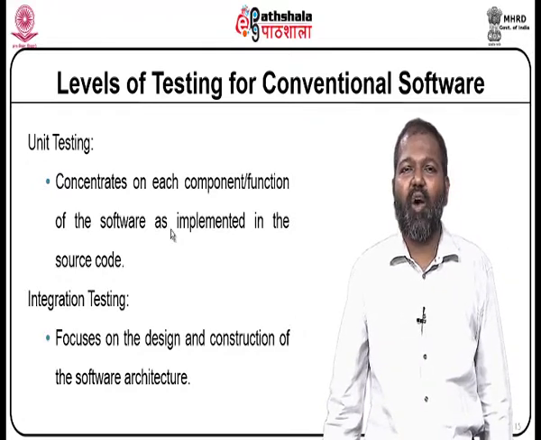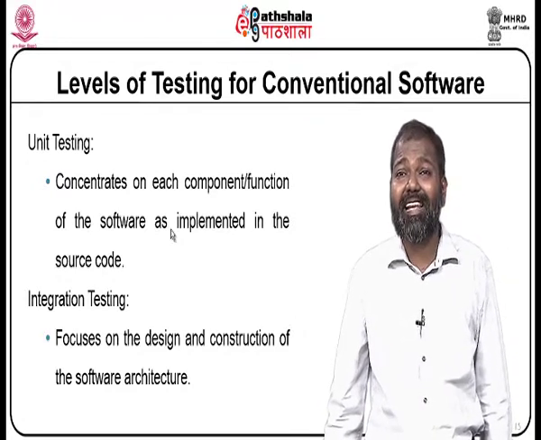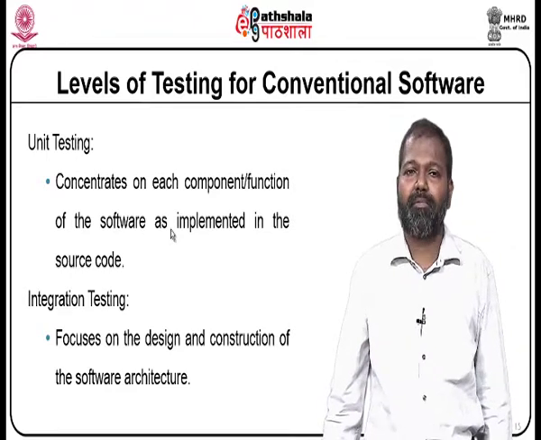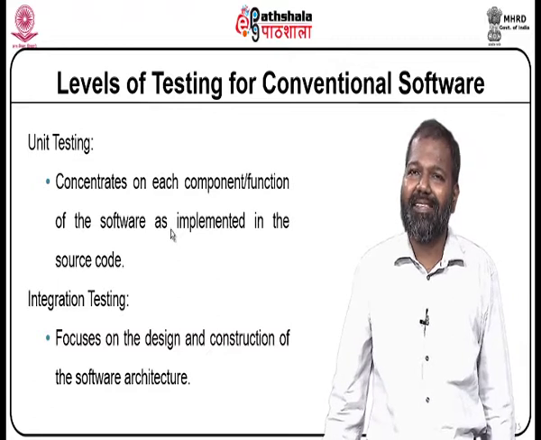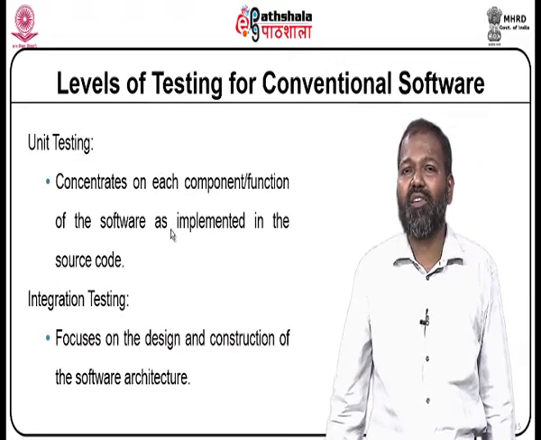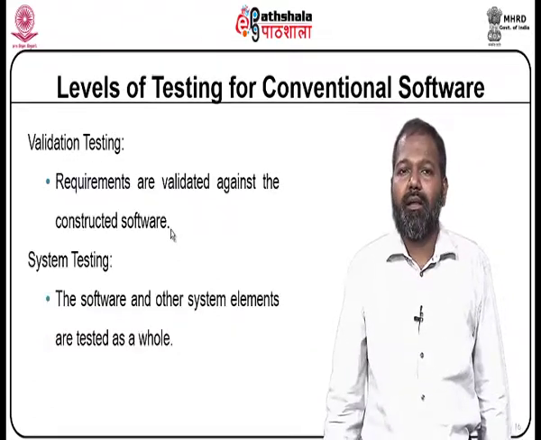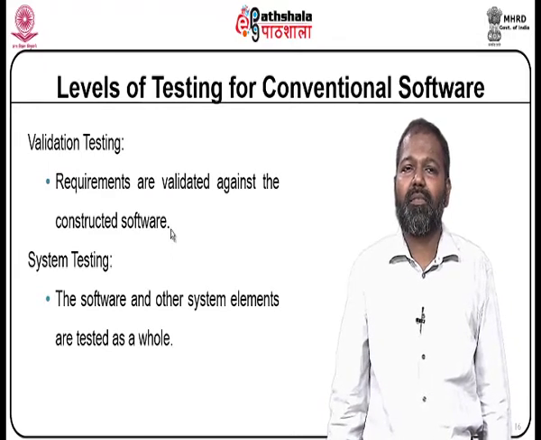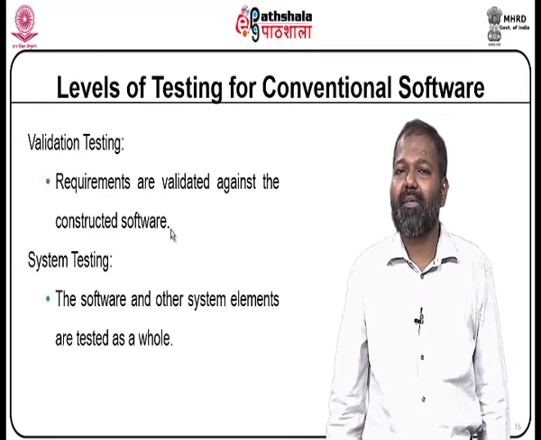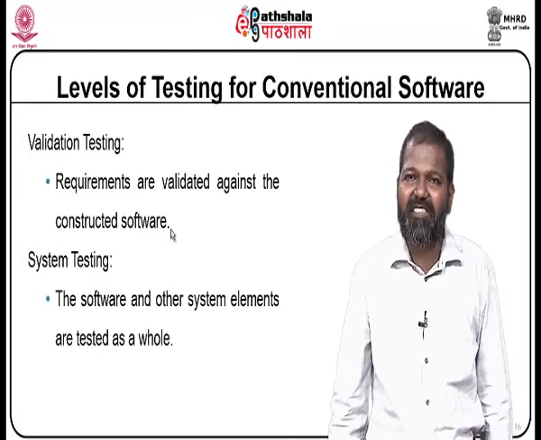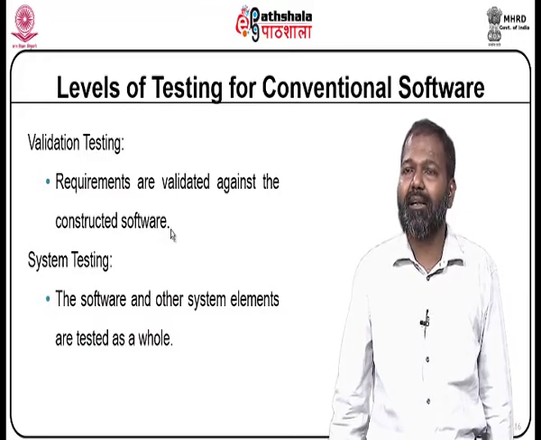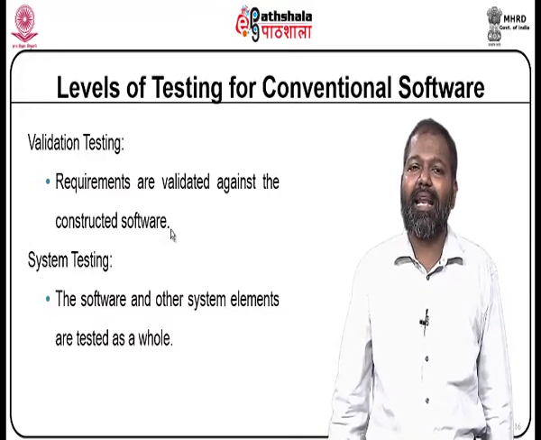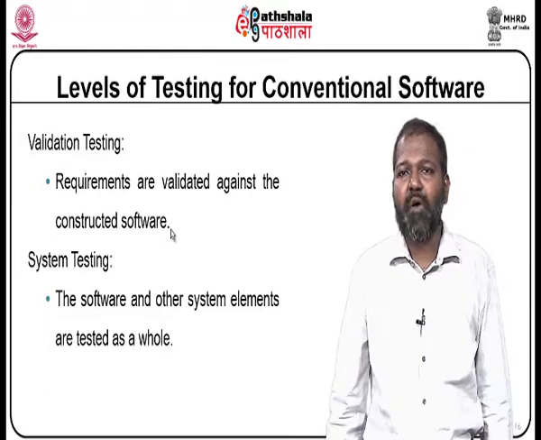So, unit testing concentrates on testing each module. Integration testing focuses on the design and construction of the software architecture. Validation testing: requirements are validated against the constructed software. System testing: the software and other system elements are tested as a whole.